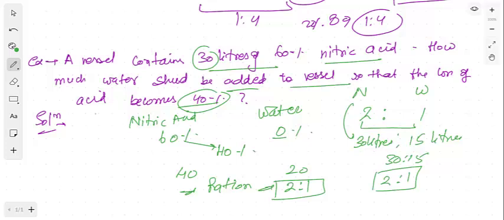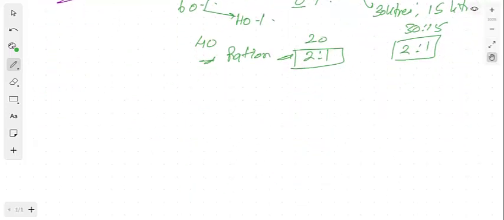Fine. Let us move on to another example, where the values are given in fractions. In this example, the values are given in fractions.